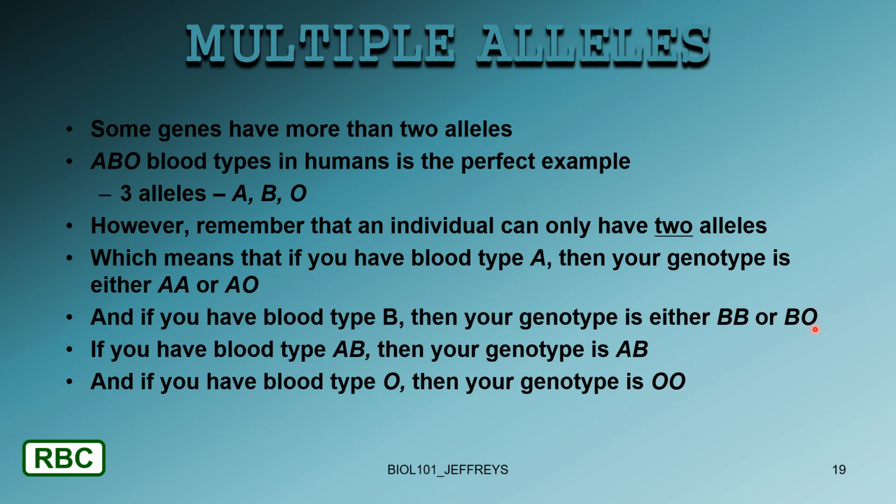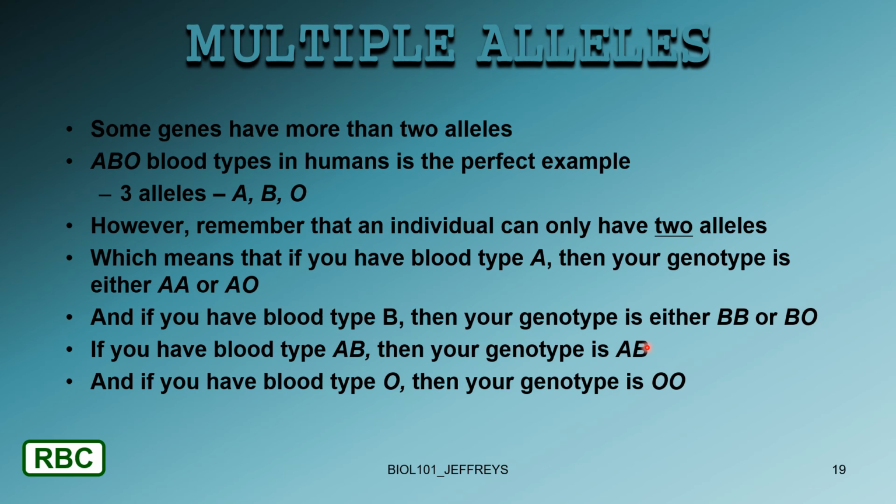You can tell now that O is recessive here, right? Because it's the B that gets expressed. But if you have blood type AB, then your genotype is AB.